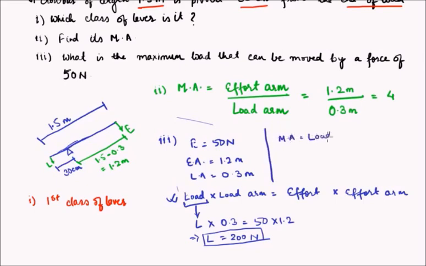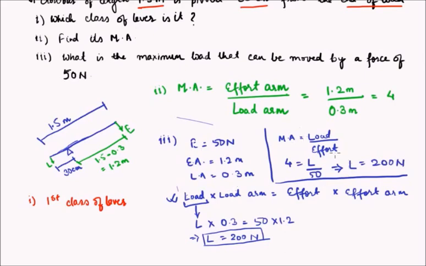This implies that the load is 50 into 1.2 upon 0.3, which is 200 Newton. So the maximum load that can be moved by a 50 Newton effort is 200 Newton.